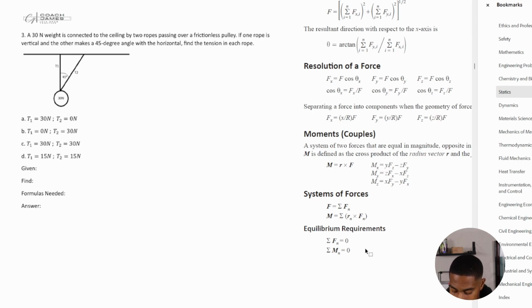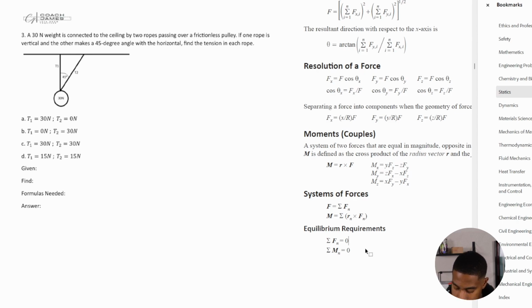If one rope is vertical and the other is at a 45 degree angle from the horizontal, find the tension in each cable. Okay. So this one is drawn out a little bit more for you. You have T1, you have T2 to the right, and they want us to find the tension in each rope.